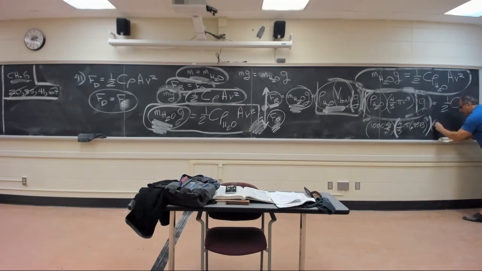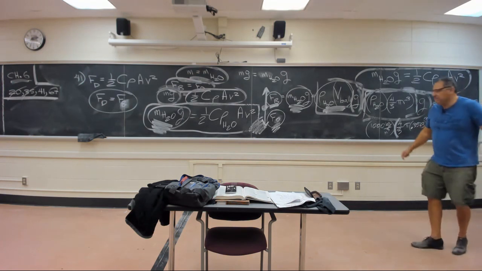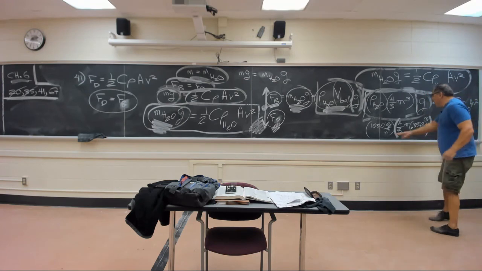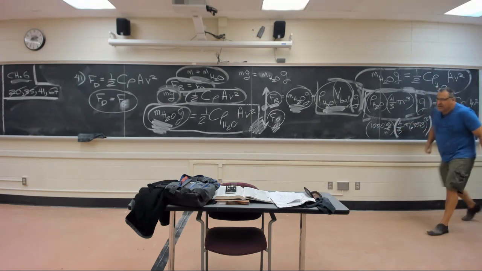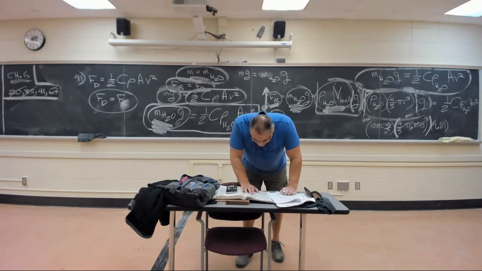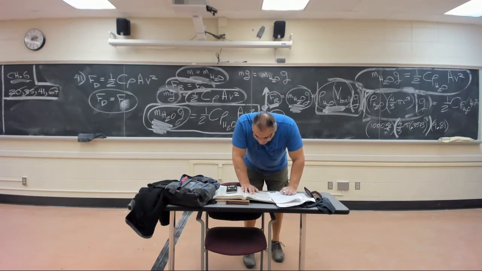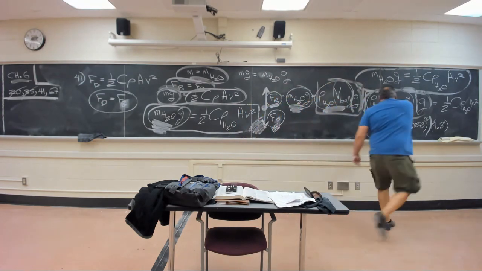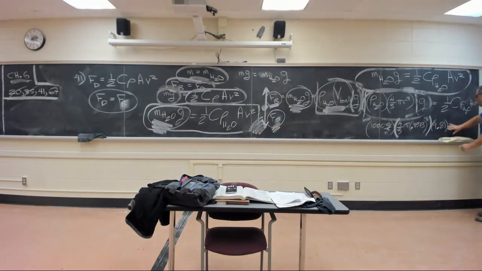Times g. They used what Dr. Katz uses in her book, not 9.8, they use 9.81. Ladies and gentlemen, if you work this whole thing out, you get really close to the claim they're making. They claimed that it's 1,875 newtons. This is 1,875 newtons, and it's equal to this.